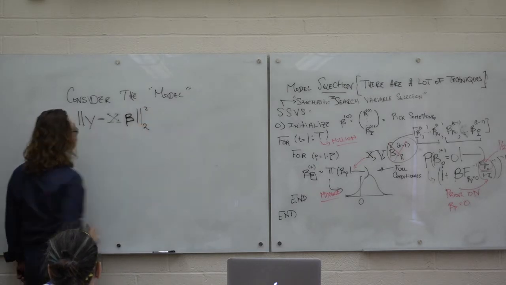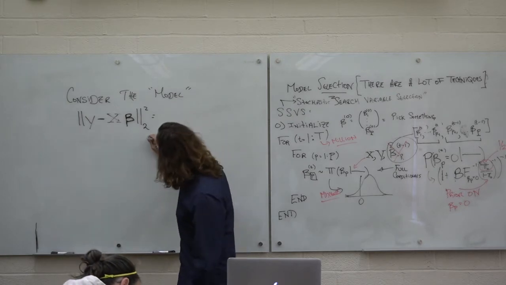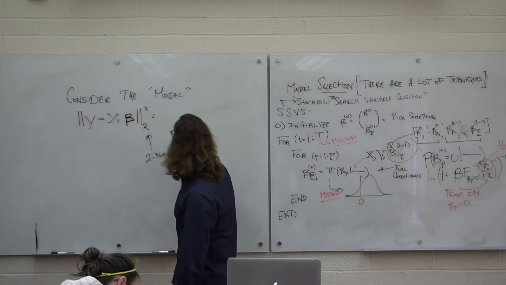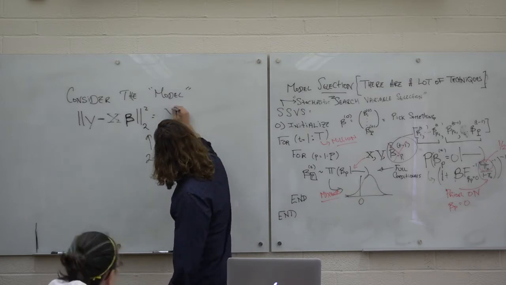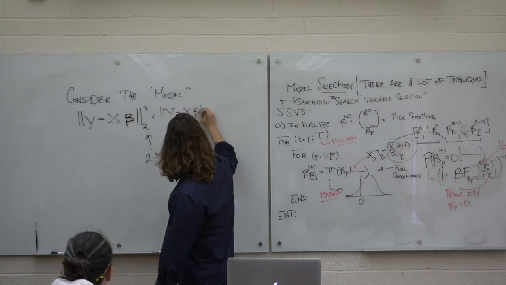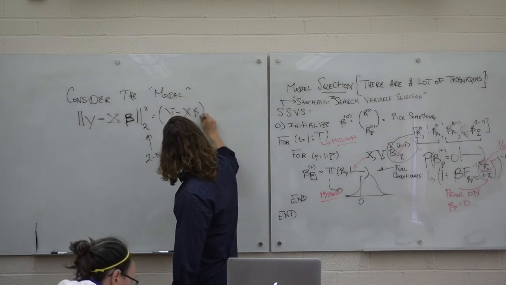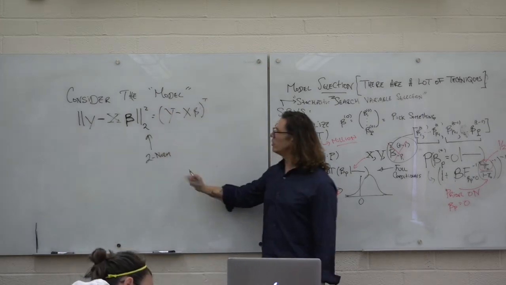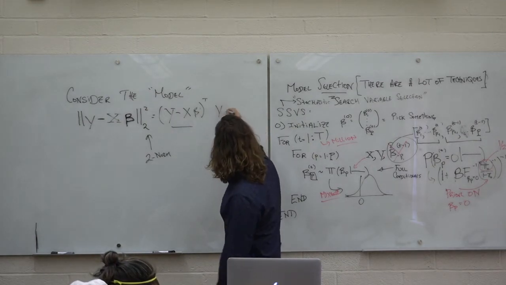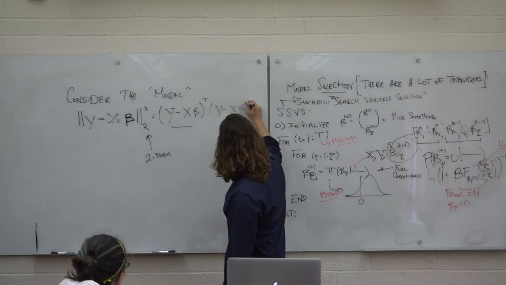Just to give you some notation, this is the 2 norm, and it looks just like this: y minus x beta, transposed. This is just a vector, a row vector, and then I'm going to multiply it into y minus x beta itself.